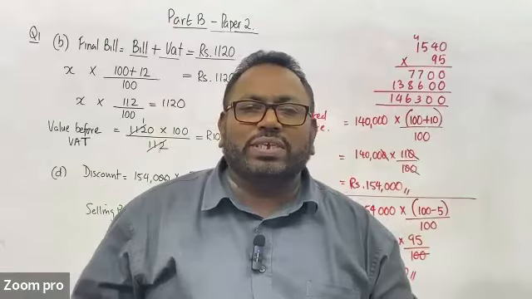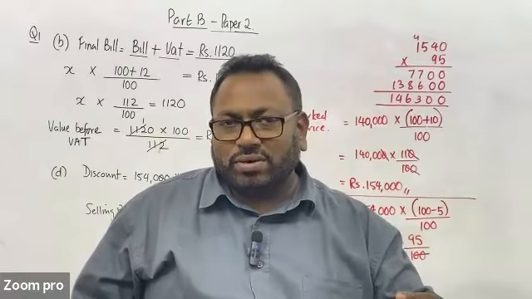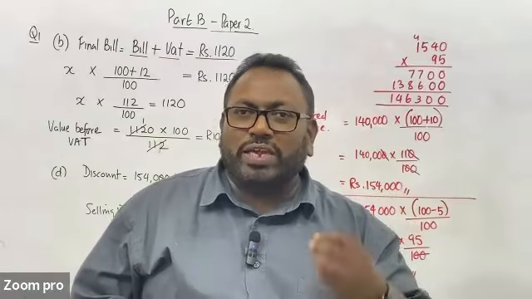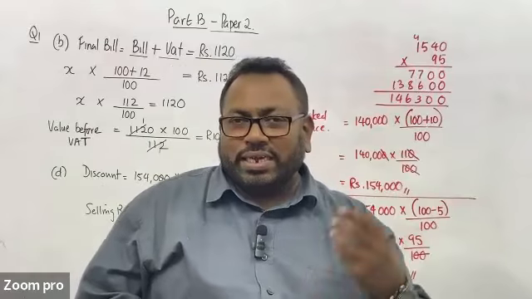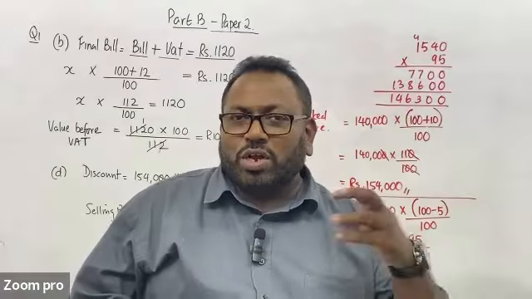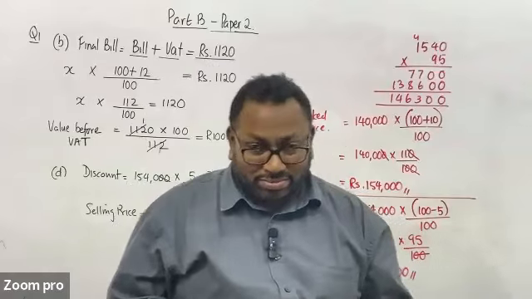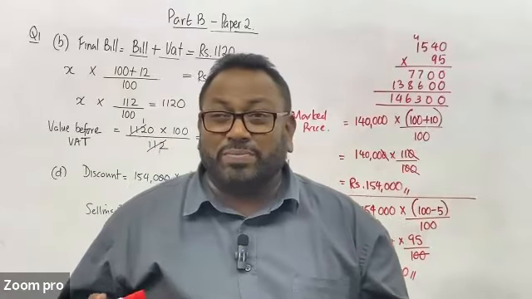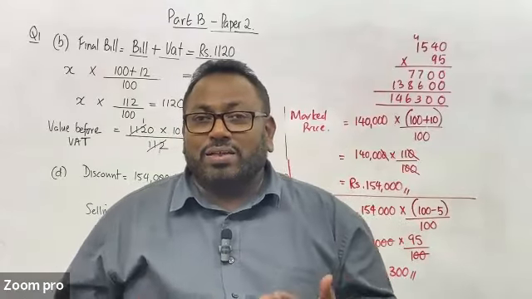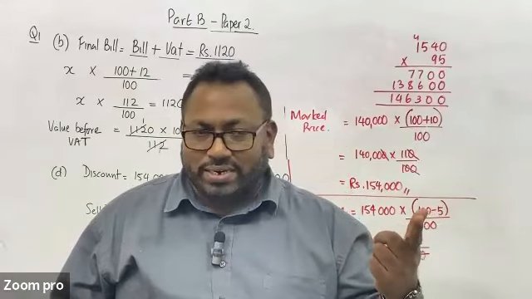What do we say VAT is? Value added tax, right? It is a source of income for the government. It's an indirect tax. So when you collect money from the citizens, you get it in two different ways. One is the direct tax, one is the indirect tax.